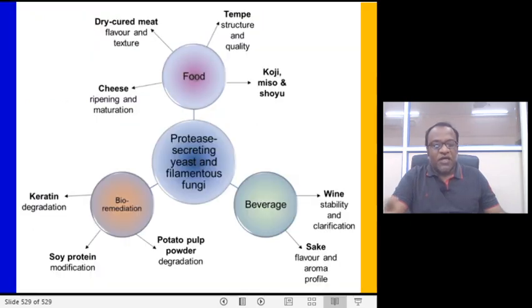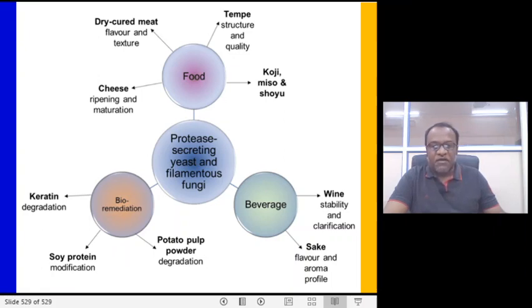If you look at the overall applications of proteases, they are secreted from yeast, filamentous fungi, and bacterial species, and they find applications in food, beverages, and bioremediation, in keratin degradation, soil protein, and potato pulp powder degradation.